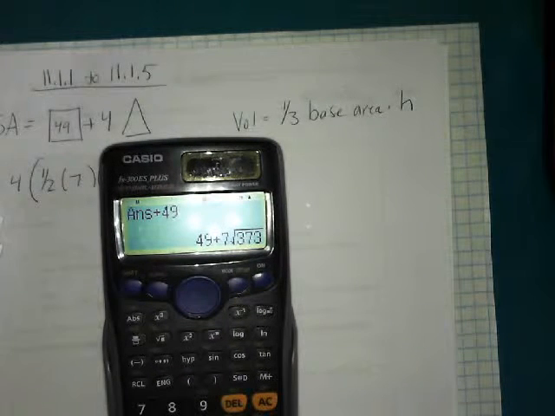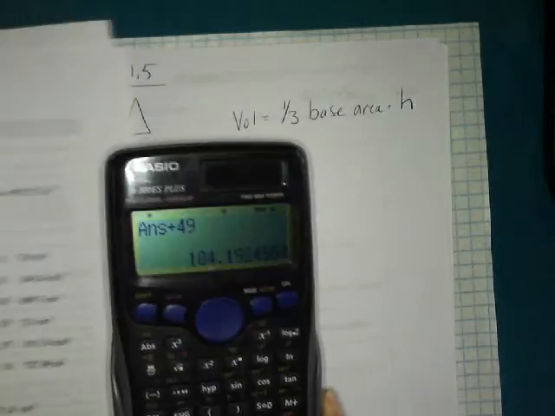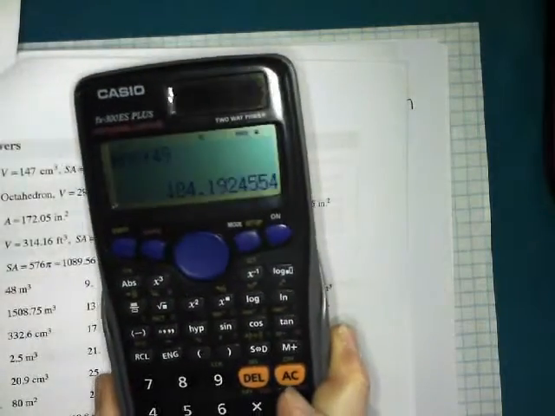Let's see how your answer key says it. If I push this button, it gives me the decimal. So the decimal approximation is what they have in your answer key, right there. So just use the decimal approximation.